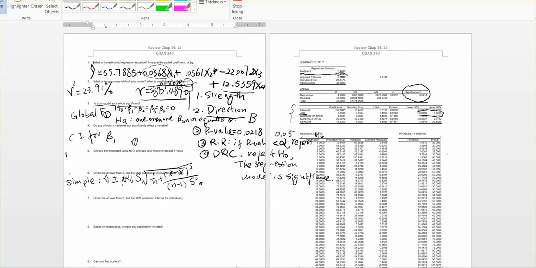In this formula, the t statistic equals t inverse of alpha, normally 0.05, and the degrees of freedom of residual. You can find the degrees of freedom of residual from the Excel output here. So this is for the simple linear regression model.